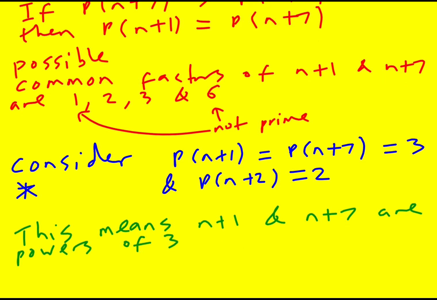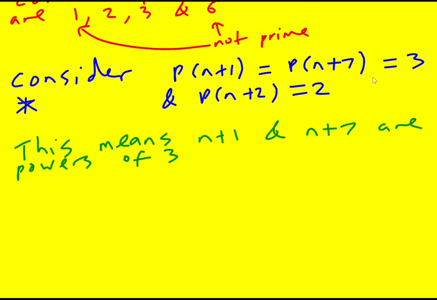So let's write a few down. By the way, they differ by 6. So that kind of gives it away. So we're going to get 3, 9, 27. Look, you can see the only one that differs by 6 is these two. So n plus 1 is going to equal 3.